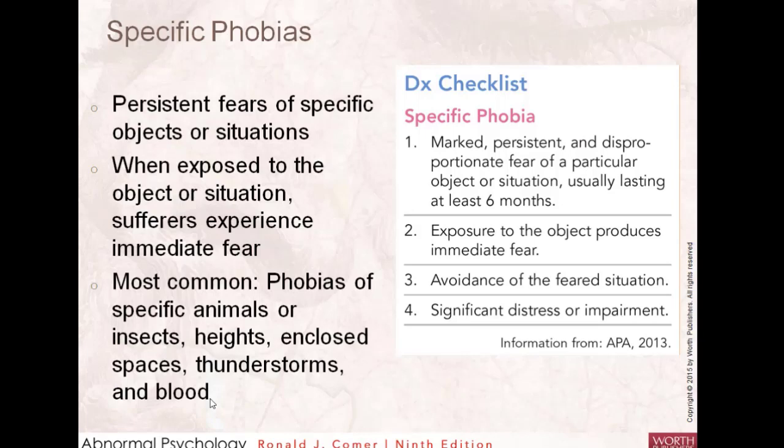I know an individual who had a root canal without any kind of numbing because he was afraid of the needles that would numb his gums. Now, I can't even imagine having a root canal without some numbing, okay? But you can see how a person with extreme fear could have major health repercussions, because if you're afraid of needles, then you're probably not going to go to doctors. If you're pregnant, you may not get prenatal care, that kind of thing.